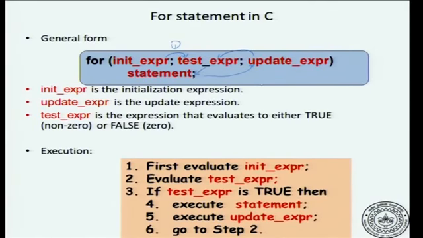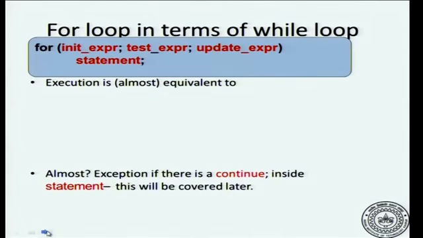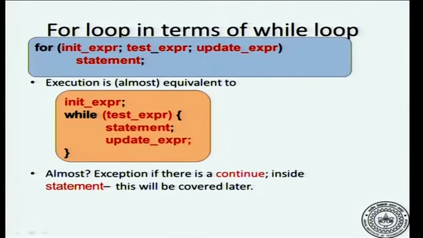This sounds a bit complex at first, but it's quite simple to use once you get the hang of it. The execution of the for loop can be understood in terms of the while loop. The execution of the for loop is almost equivalent to the following while loop. You have the initialization expression before the while loop, then while test expression, you have the statement, and then you have the update expression.